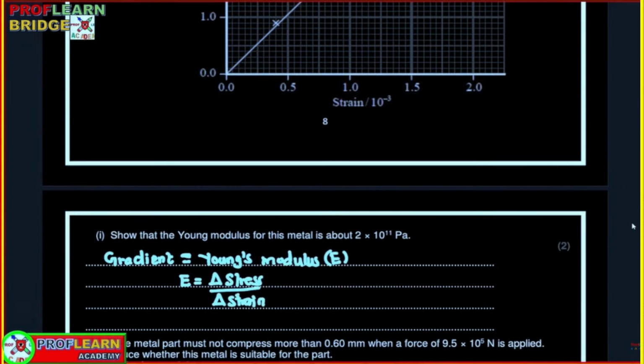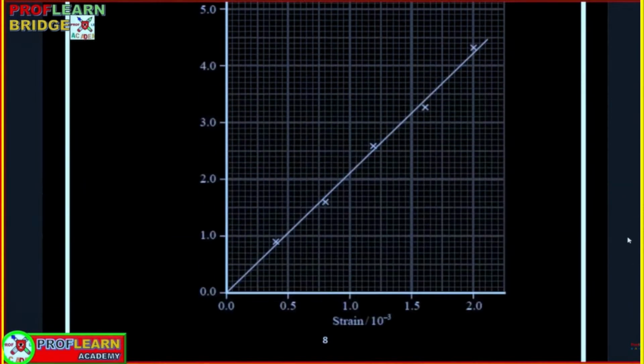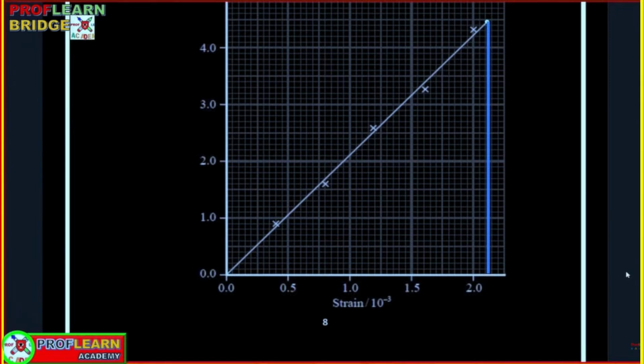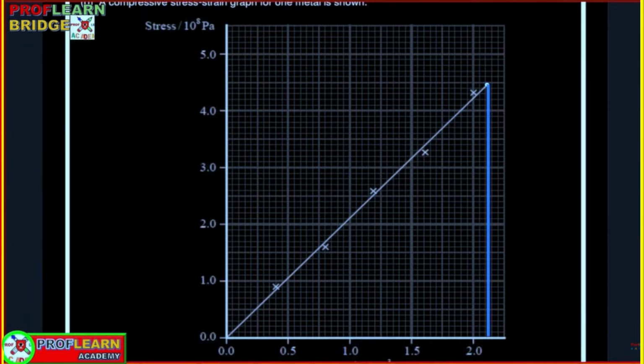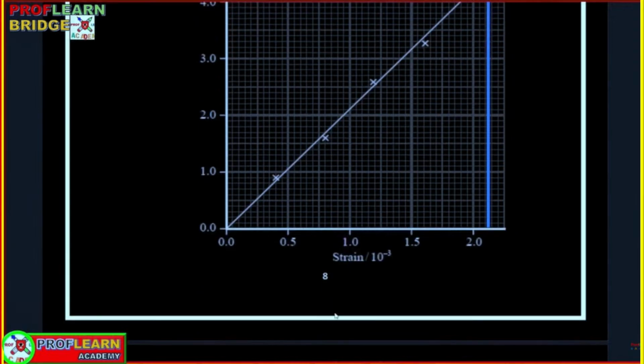Then we're going now to go to our graph here. We can identify a section here and see what's the reading down here and what the reading on the top here. If we go across, what will be the corresponding stress at this point? Then we can pick it and check. This is 44.45, and then we can also identify the strain down here so that we can work out the gradient.